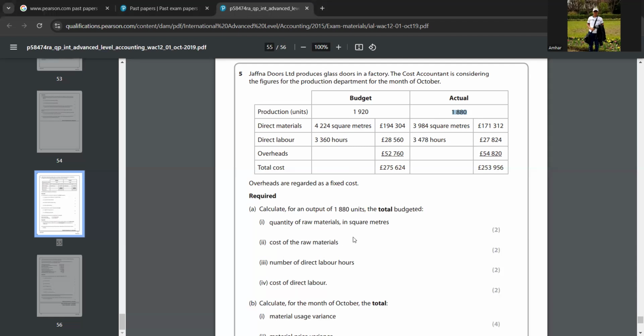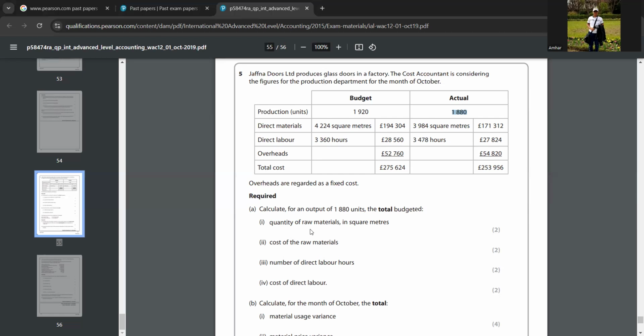Do you have an idea how to do the first part? If it's wrong, it's okay. Just tell me how you would try if you get a question like this. I'm just calculating it. So how will you do the method? 253,956 divided by 1,880.